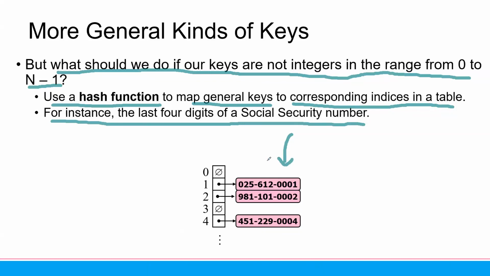So let's say I have this social security number, and the last digit is 1, then I will put it into index 1. If the last digit is 2, I will put it in index 2. If the last digit is 4, I will put it in index 4, and so on.